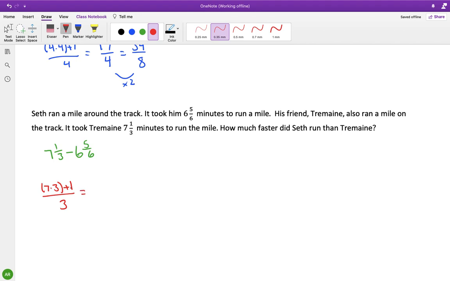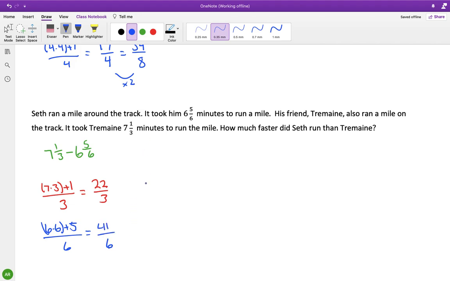That equals 21 plus 1 is 22, so 22/3. Okay, let's do the same thing with 6 5/6. So 6 times 6 plus 5, all divided by 6. This equals 36 plus 5 is 41, 41/6.